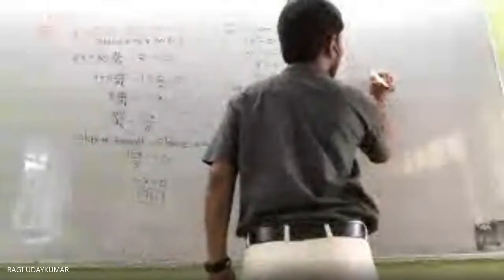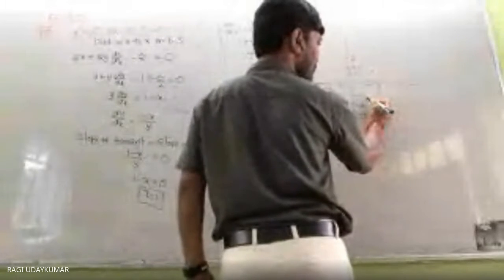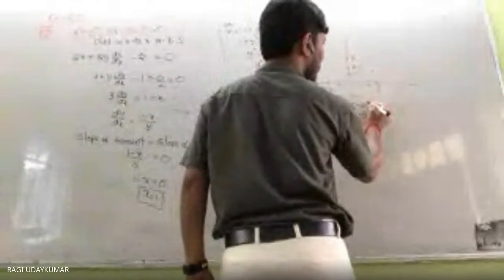And taking 2, we get 2 comma root 3. Root 3 is 1.73, here. Minus root 3 is nothing but minus 1.732 approximately, here.